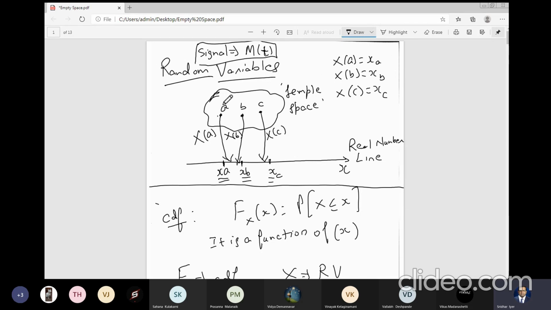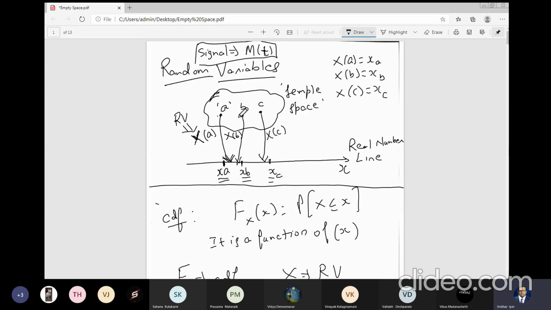So how do we do that? If you concentrate on this observation a, we say the random variable is capital X, and the random variable capital X becomes a function of this observation, or the outcome of the experiment, and that is mapped to a number X subscript a, right?